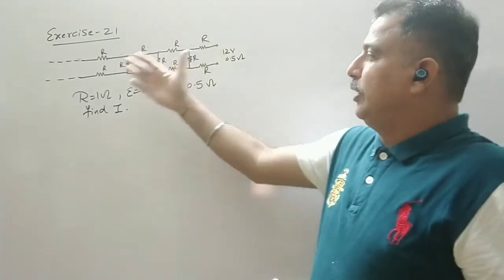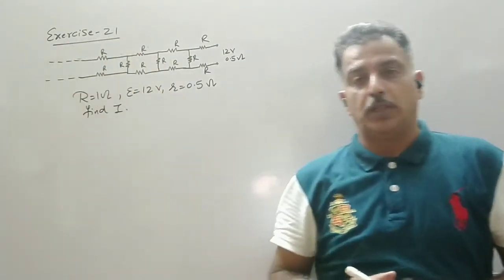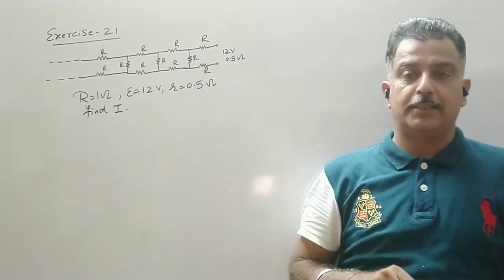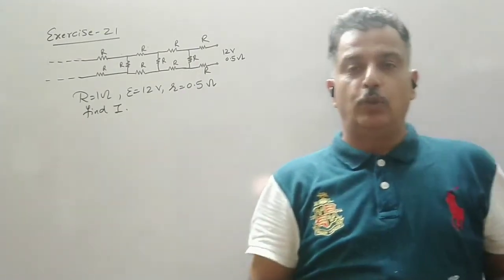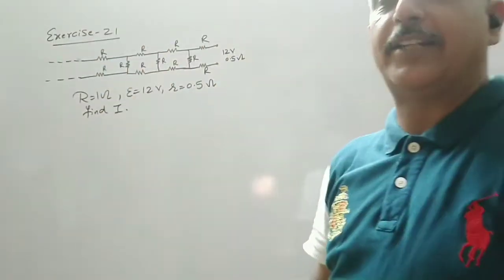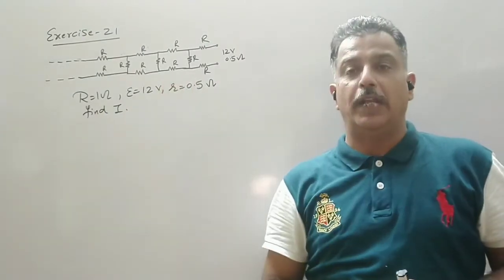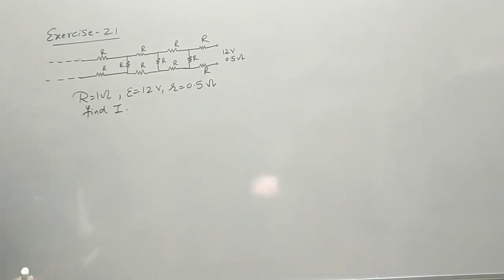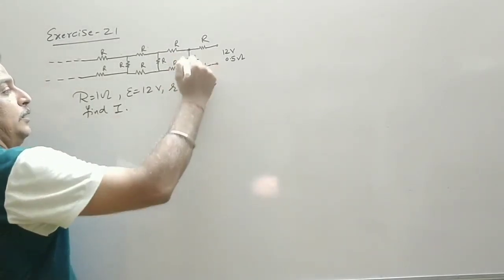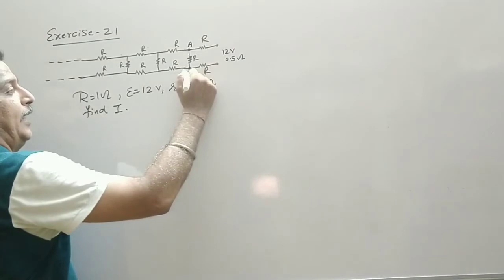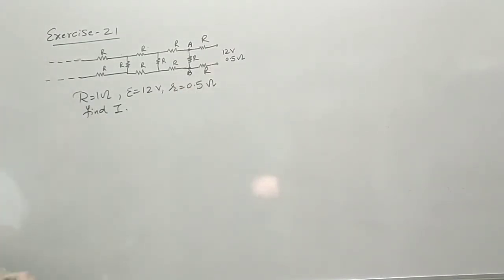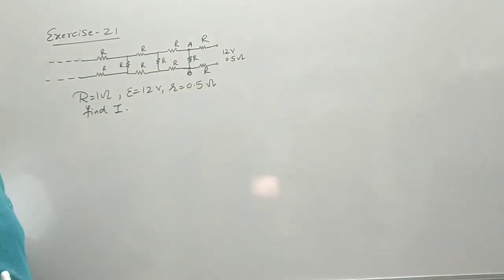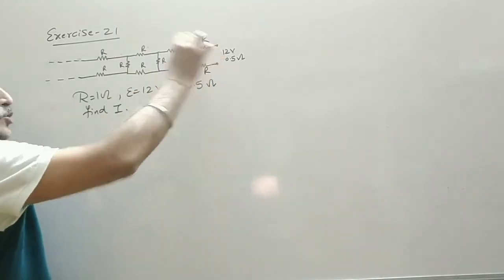Now if we don't know the ending of this network, how will we find out the current? The first thing is we have to calculate the equivalent resistance. Now how to calculate the equivalent resistance? Let us denote these two points as A and B. Now if you see the diagram, this R, let us say this is branch 1.